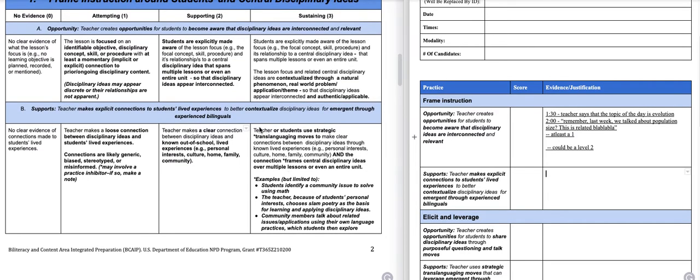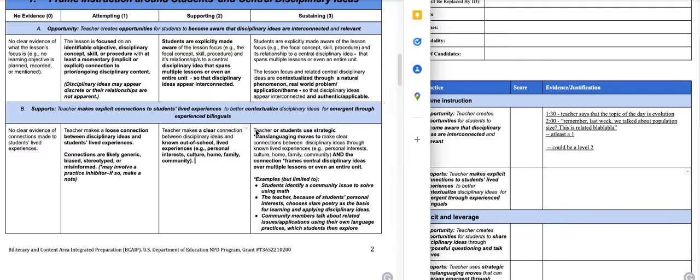And then to get to a level 3, we're doing all those things at a level 2, but the teacher or students are using translanguaging moves to enhance these connections that are being made.